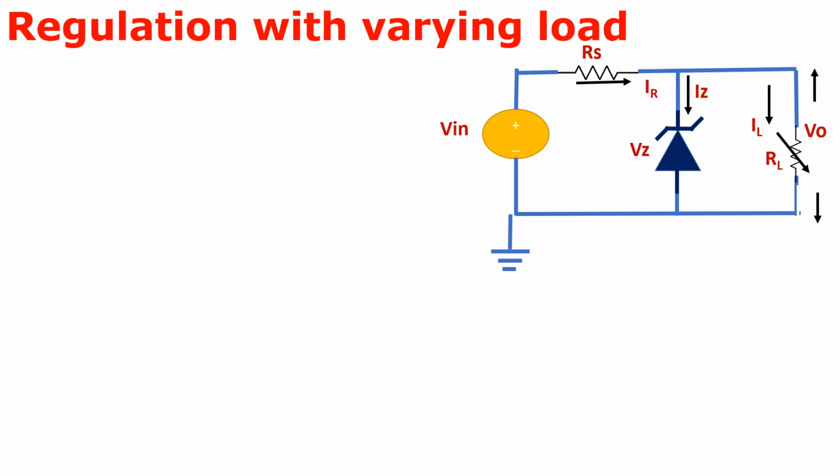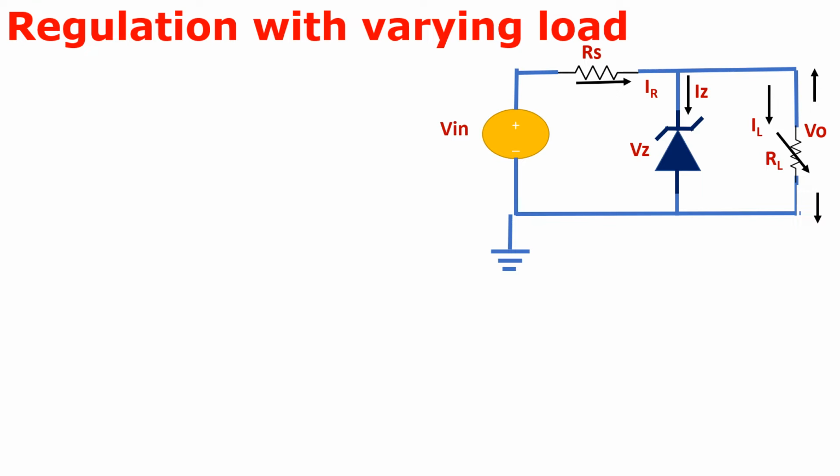In this circuitry, you can see the varying load condition shown as a variable load resistor symbol. In the previous circuit we took a constant load resistor, but here I am showing a variable load resistor.